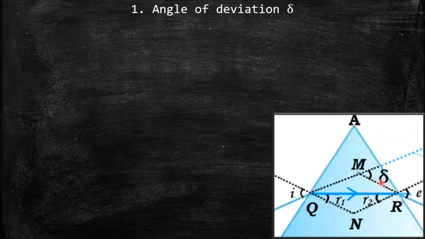You have a delta, that is the angle of deviation, and somehow magically you need to relate this delta to the angle of incidence I and the angle of emergence E, and even surprisingly the angle of the prism. How do you think you're going to do this?